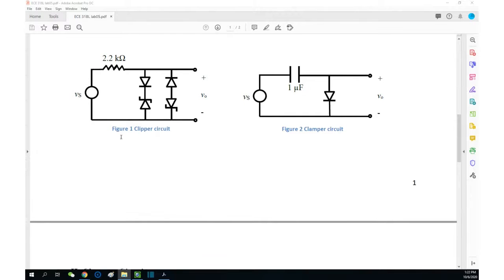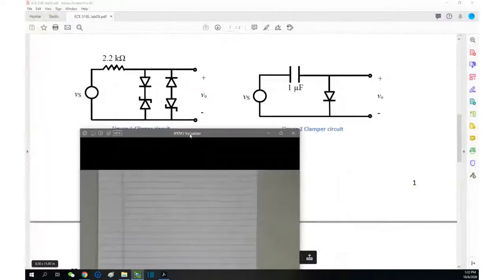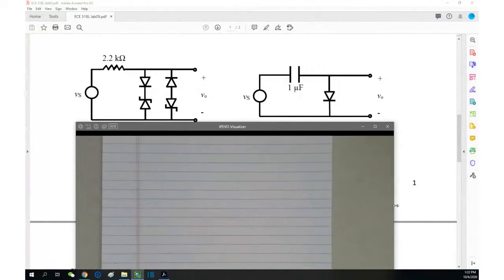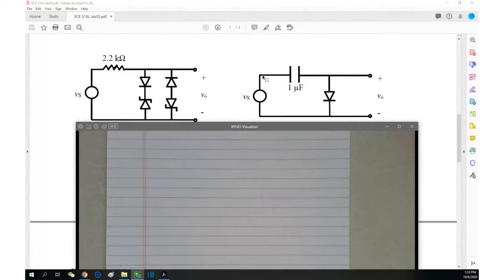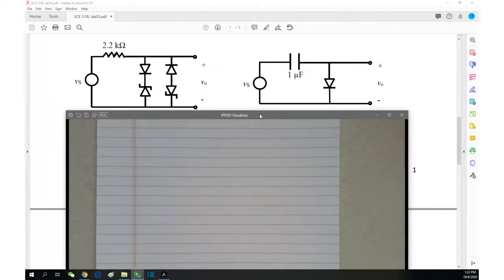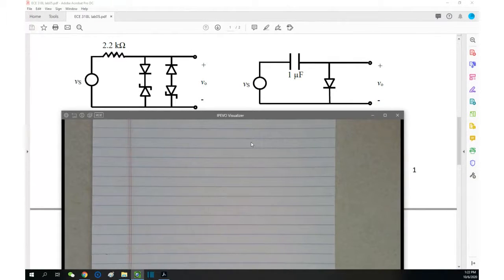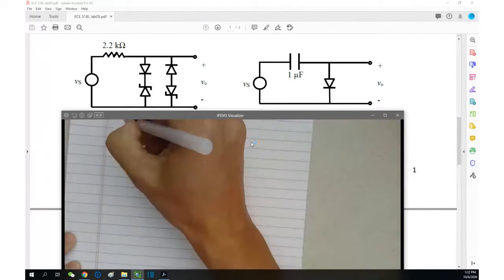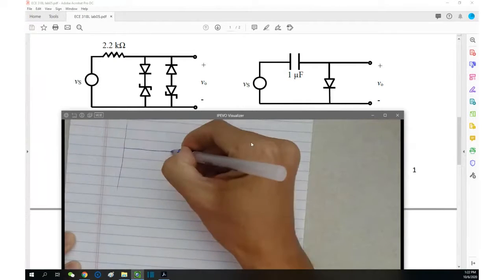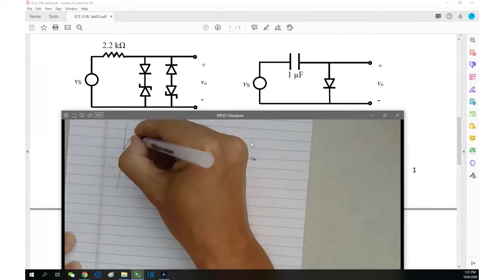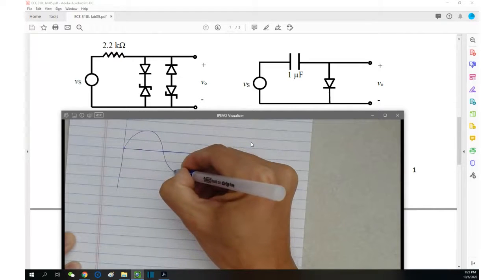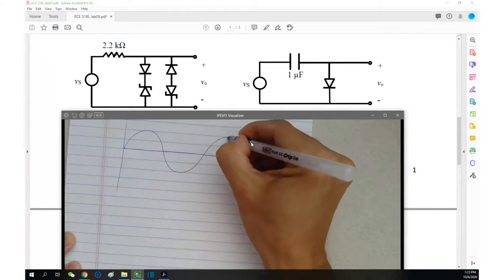So what it means is, during the first half cycle, let me write something here. To the first circuit, this is the source.